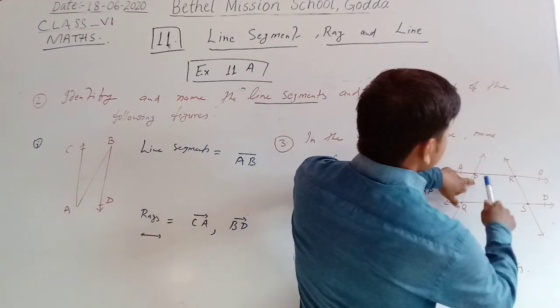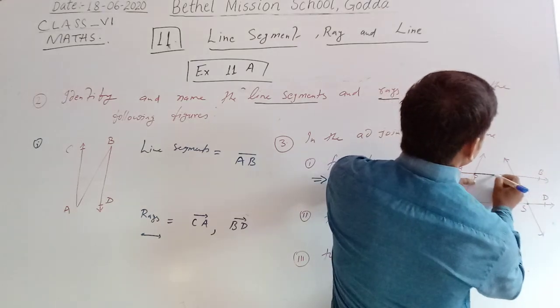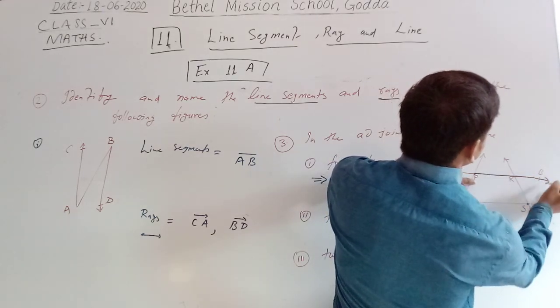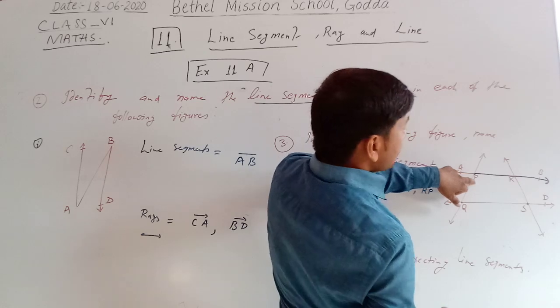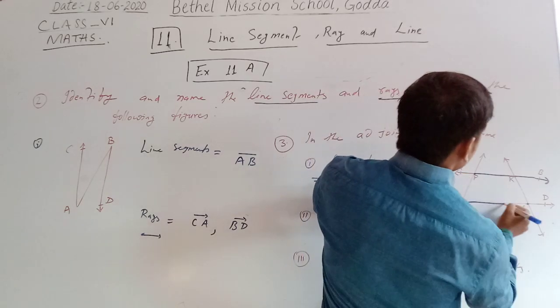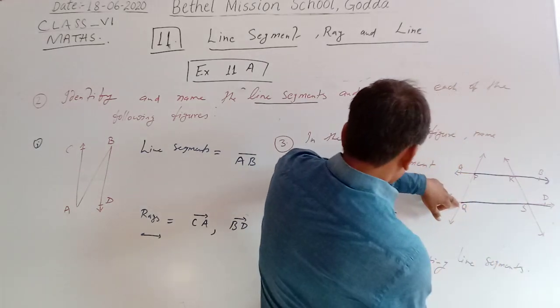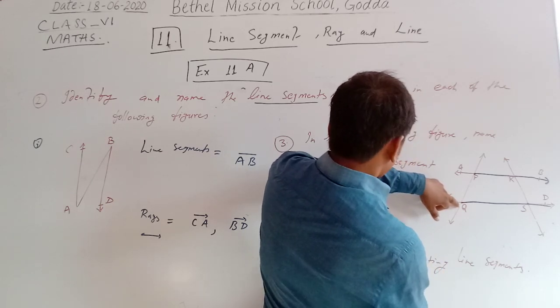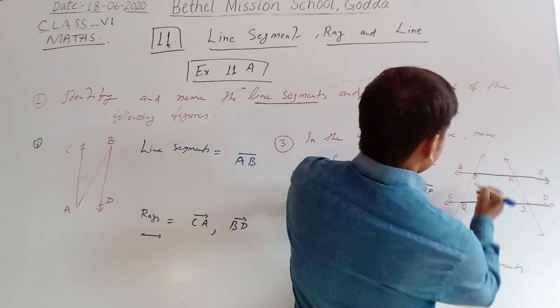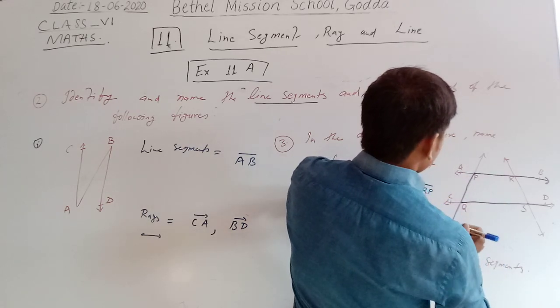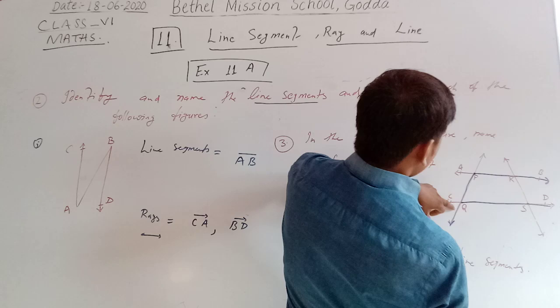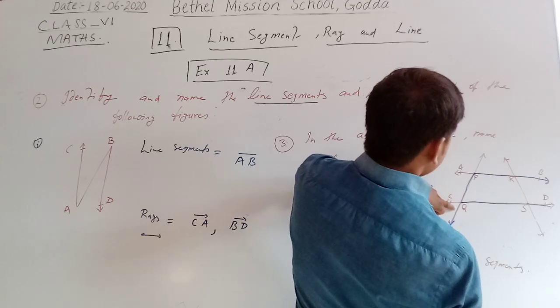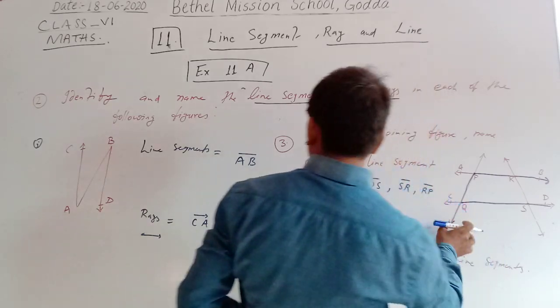Okay, 1 ray from P to B, that is PB. Second you can write QD, and third you can write from here to here, PQ, that name is not written here.